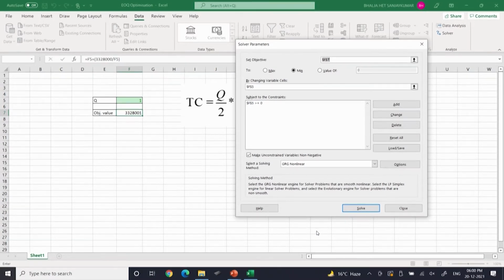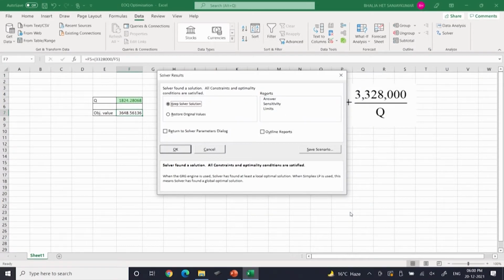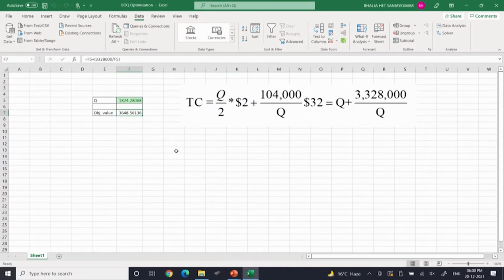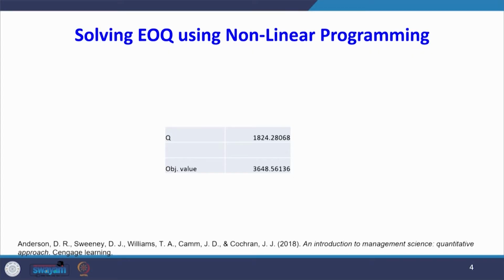When I click Solve and you see the result, the value of Q is 1824. This is the exact value which we got using our EOQ formula. Now, I will go back to my presentation. This is the exact value of Q, right. The objective function value is 3648.